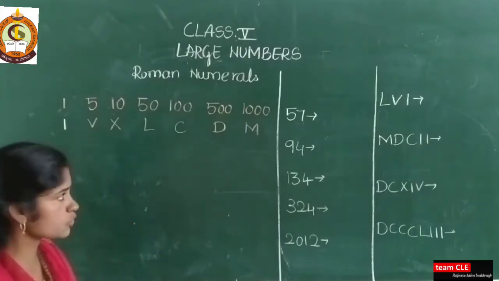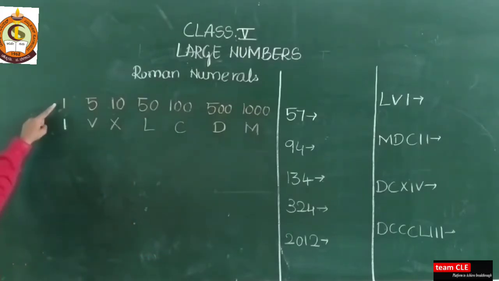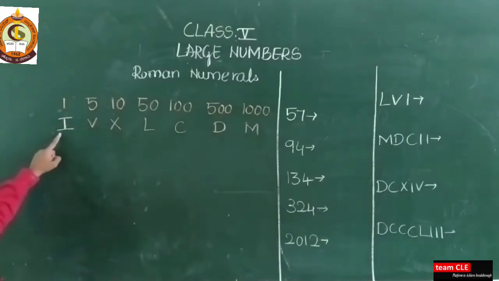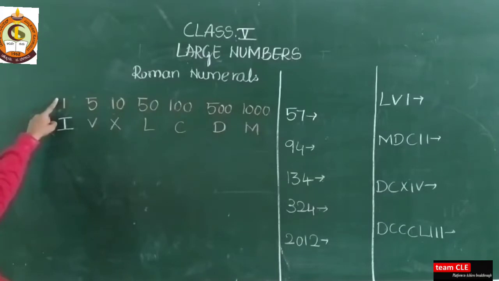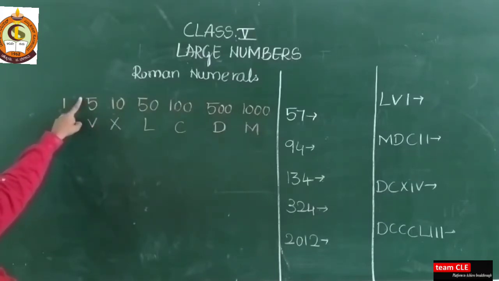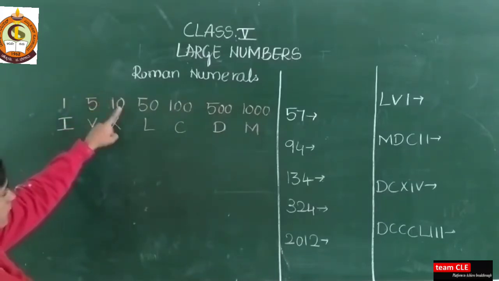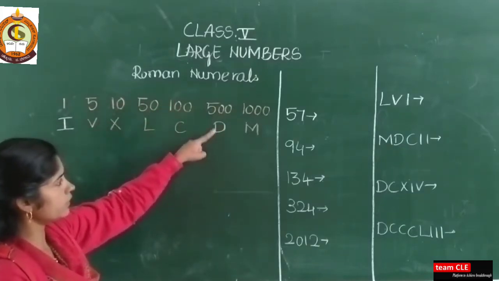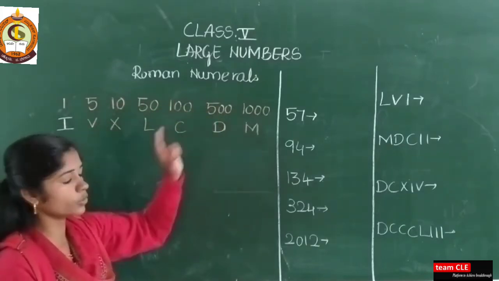I hope you understood here. Here I stands for 1. And V stands for 5, X 10, L 50, C 100, D denotes 500 and M denotes 1000.